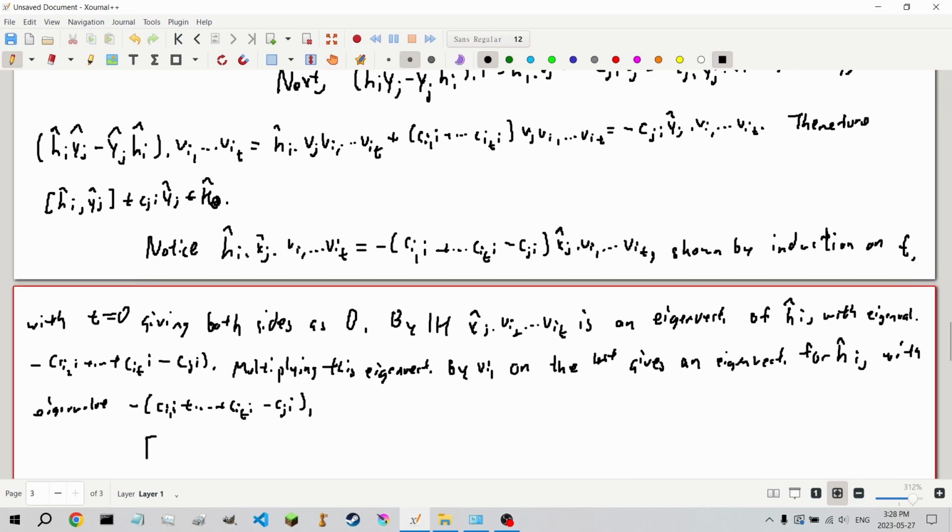And from this, we finally calculate our last theorem.